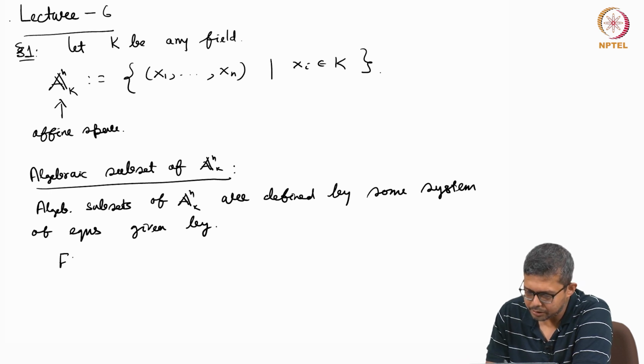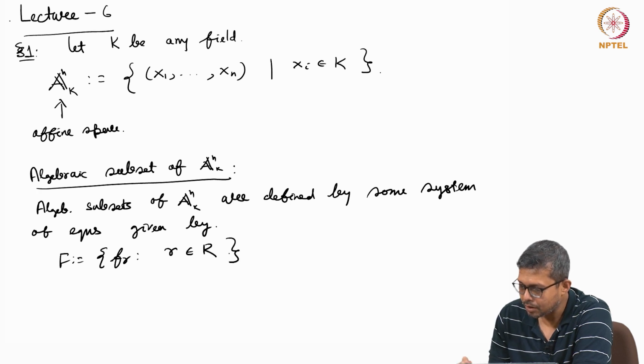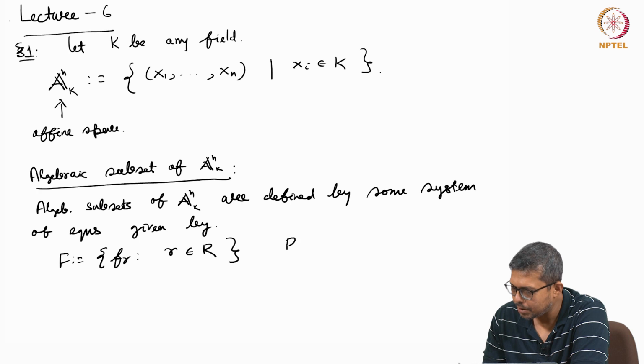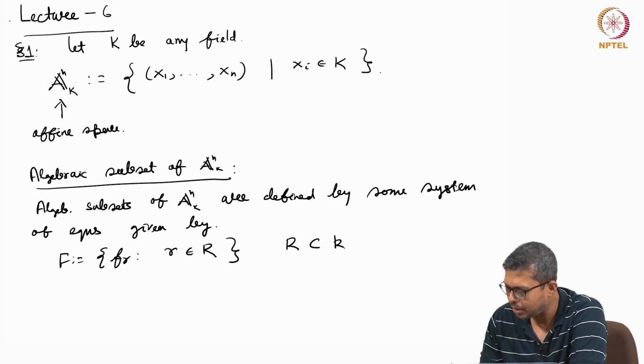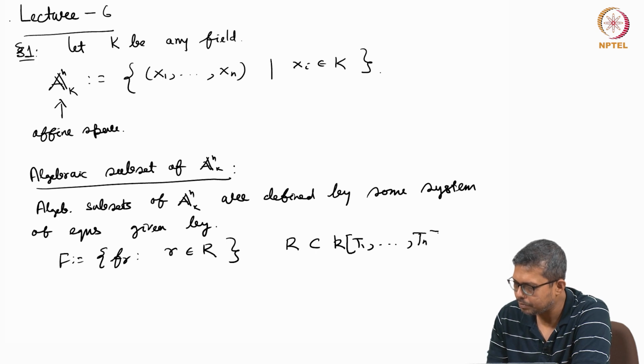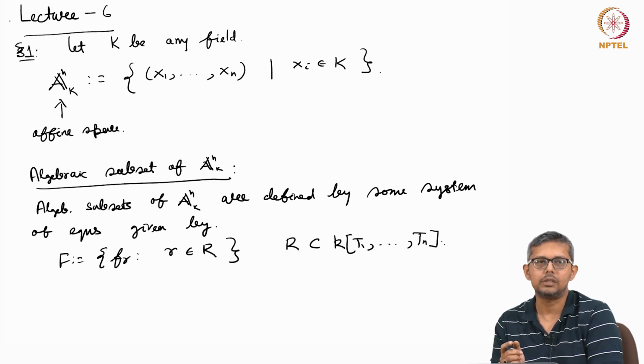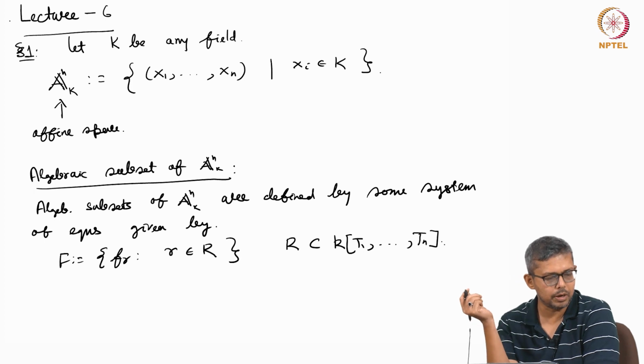Say I write this system as F, where capital R is a subset of K[T1, T2, ..., Tn]. R can be any subset of the polynomial ring in n variables.